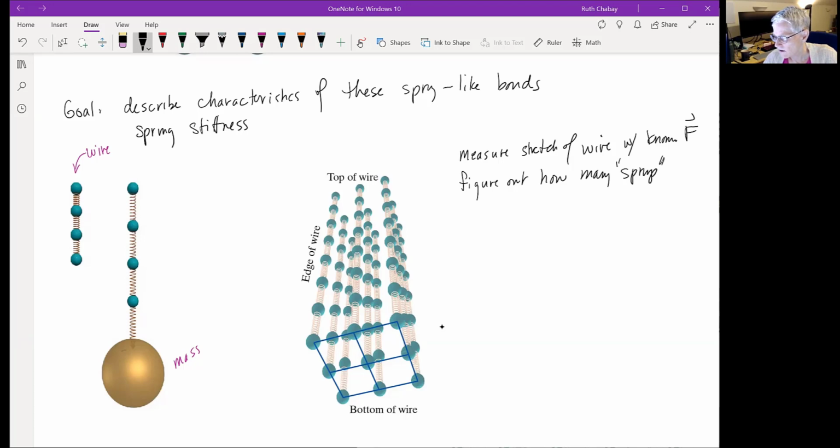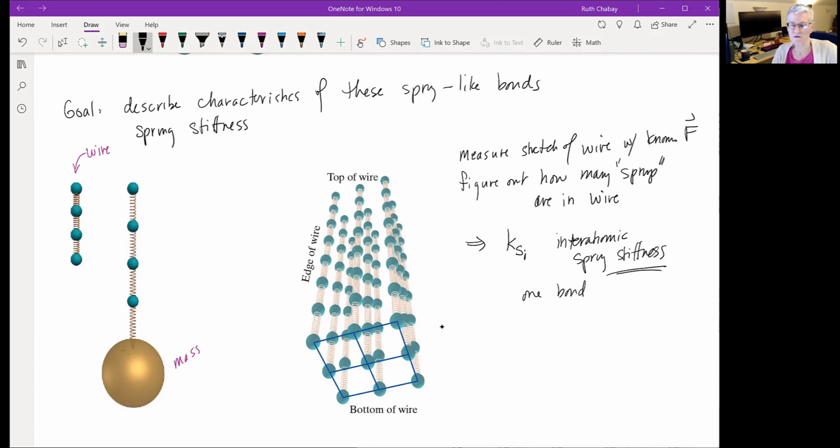And from that, we can get the interatomic spring stiffness for one chemical bond.